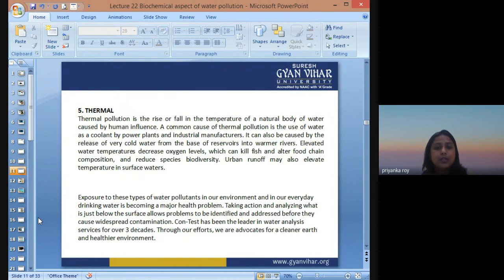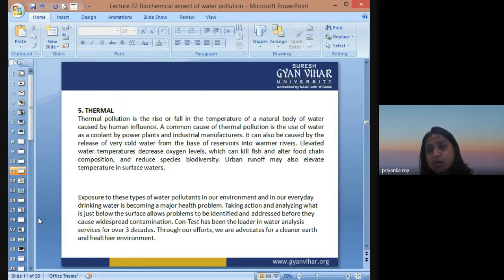Thermal pollution is the rise or fall in the temperature of a natural water body caused by human influences. A common case is the use of water as a coolant by thermal power plants, nuclear power plants and industrial manufacturers.